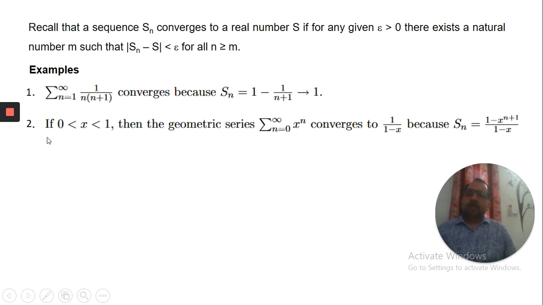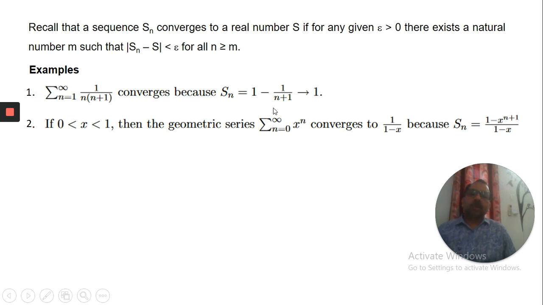The second example is, let x be a real number between 0 and 1, then this geometric series has a sum. We know S_n is 1 minus x to the power n plus 1 over 1 minus x. But if you take n very large, n tends to infinity, and x is less than 1, this term will tend to 0.